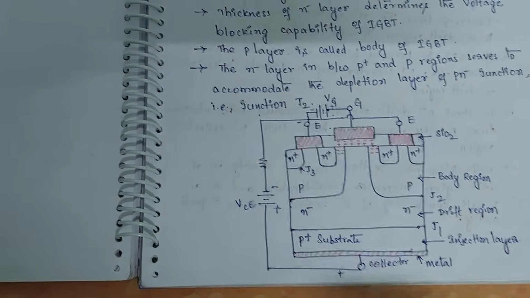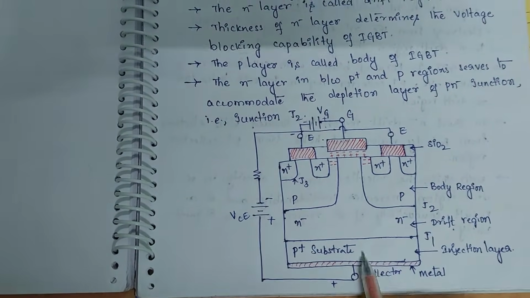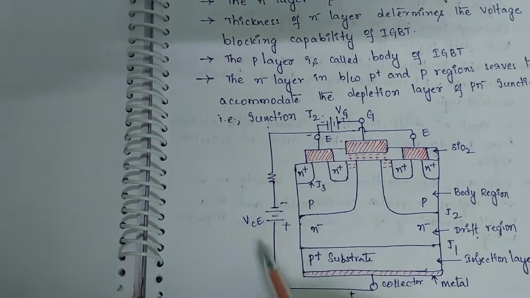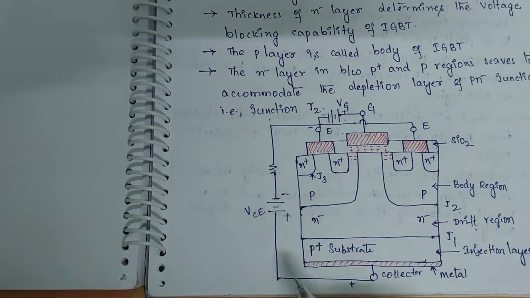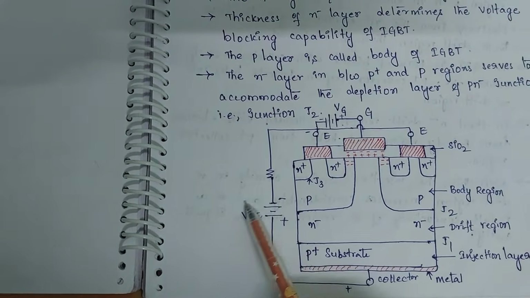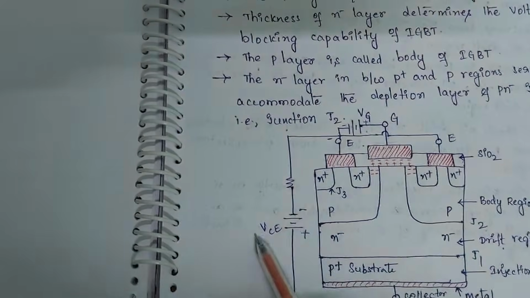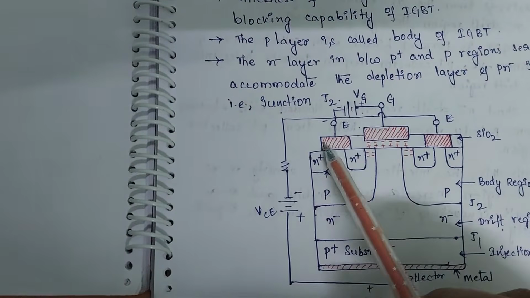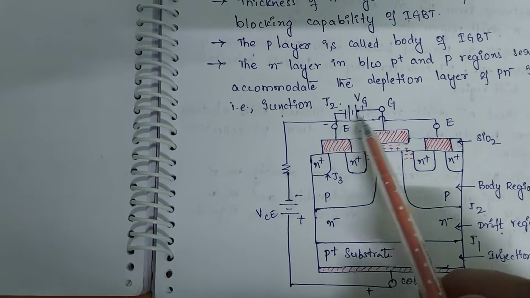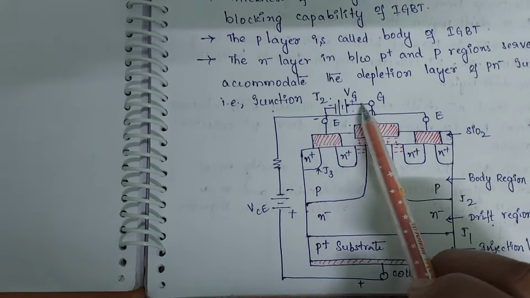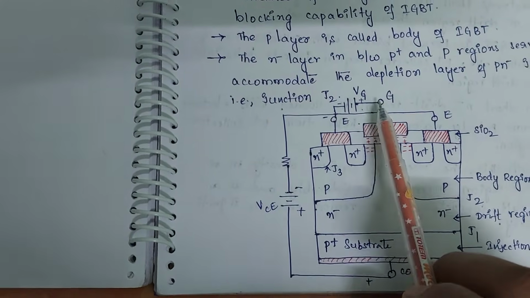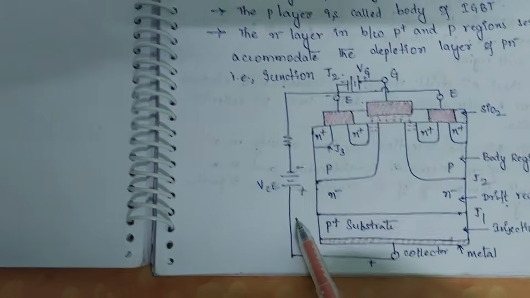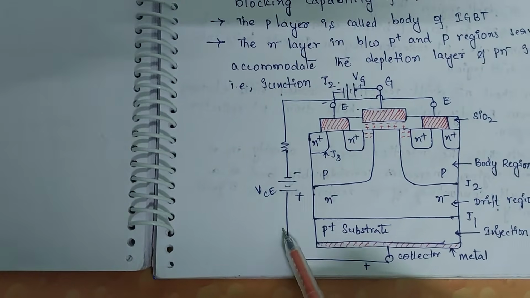So for explaining the working operation, we are going to consider the emitter and the collector connected with a collector-emitter voltage VCE as shown, and gate and the emitter connected like this with the polarity. The gate with respect to emitter is positive, and the collector with respect to emitter is positive. We are going to consider it like this.